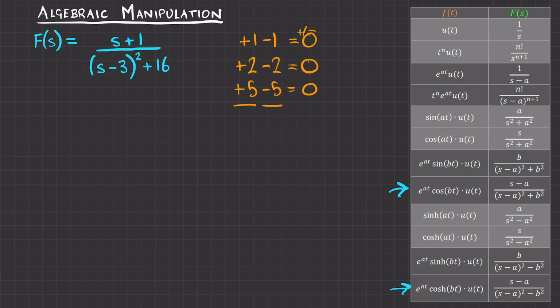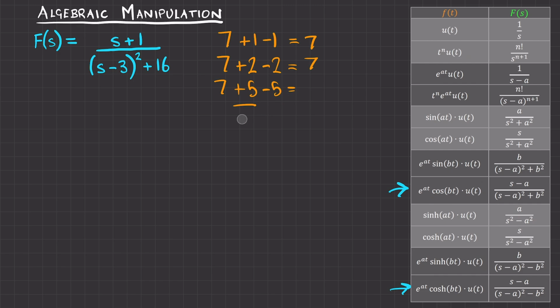So if I said, for instance, 7 plus 1 minus 1, that would equal 7. 7 plus 2 minus 2 equals 7, and 7 plus 5 minus 5 equals 7. This doesn't feel like it adds any value because technically it doesn't change it, but we can use this aspect to help us solve these kinds of equations.